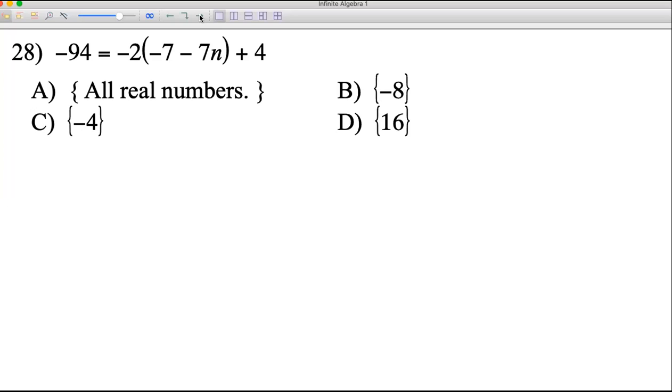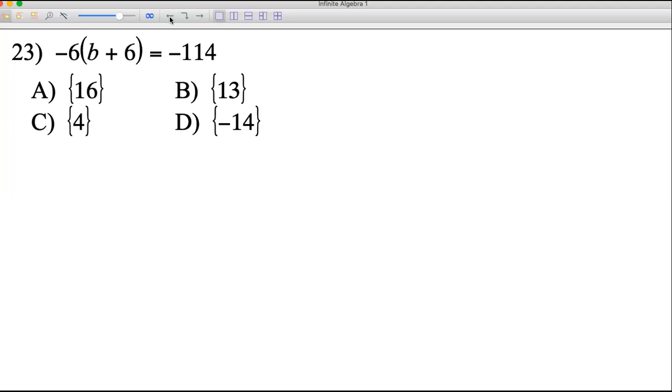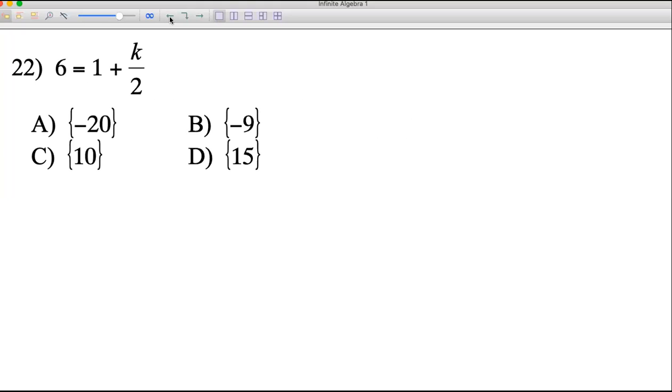Let's take a look at number 22. Rylan is dealing with the, hey, it's just plug the numbers in. So if you want to solve this algebraically, 6 is equal to 1 plus k over 2. Always get rid of addition and subtraction first.